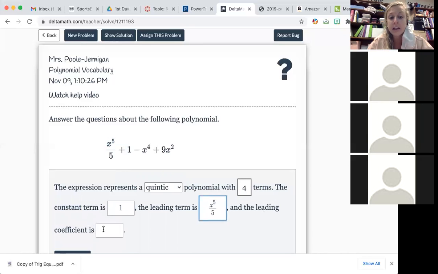And then the leading coefficient, what's understood in front of this x right here? Hello? What's understood in front of this x? X to the 5th, what's understood in front of it?